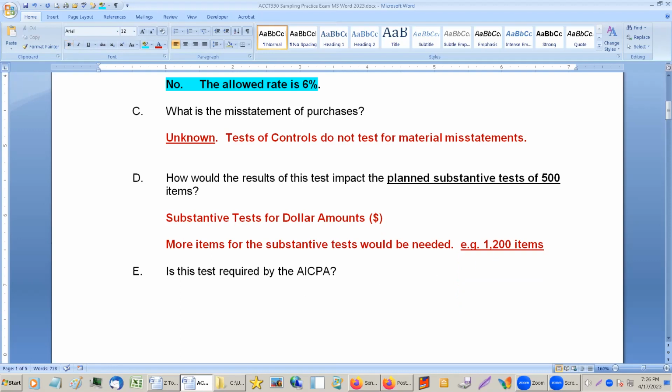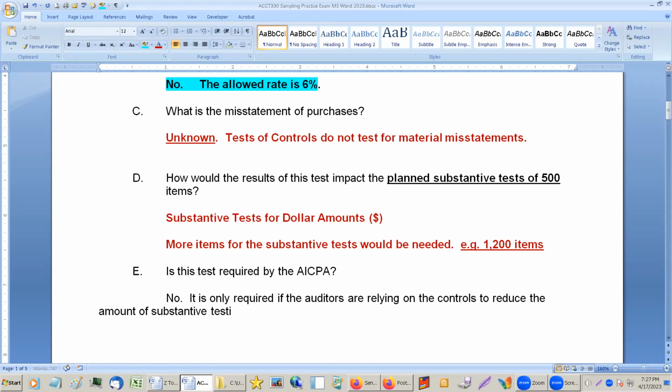Is this test required by the ACCT? No. It's only required if the auditors are relying on the controls to reduce testing.